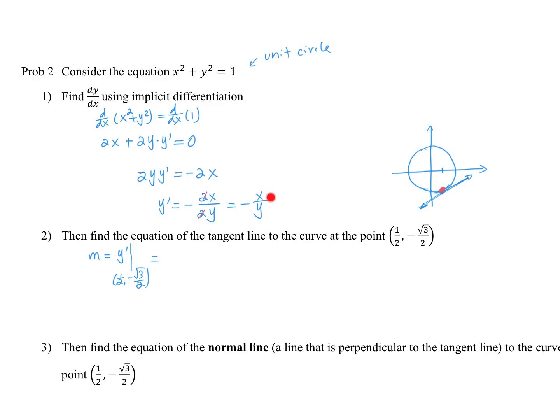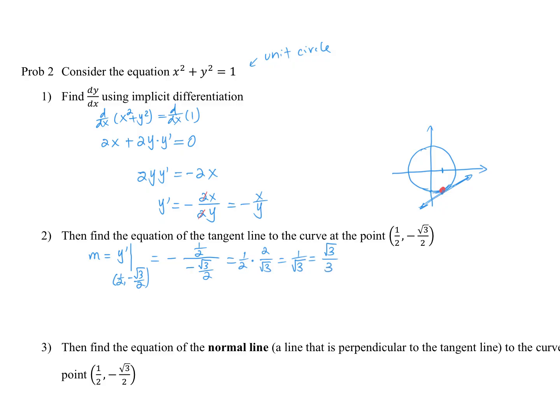Let's plug in x and y here. x is 1/2. y is negative square root of 3 over 2. And when you simplify this, negative becomes positive. It is equal to 1/2 times 2 over square root of 3, which is 1 over square root of 3, which is square root of 3 over 3.